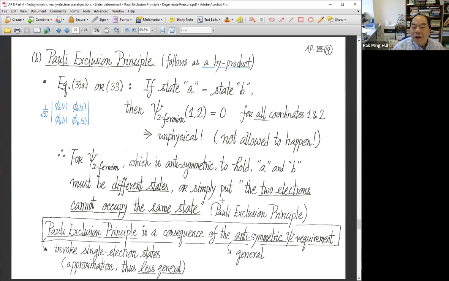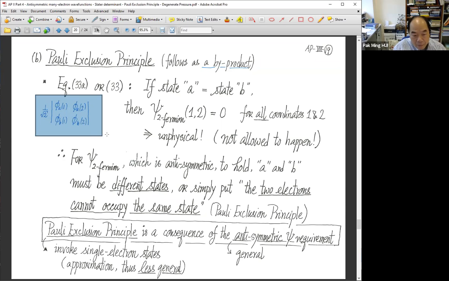Now, punchline number 2. Number 1 is the determinant. Number 2 here: we can obtain the Pauli exclusion principle as you learned it before. When we start off with 2 electrons in 2 different states, we have written down this Slater determinant form.